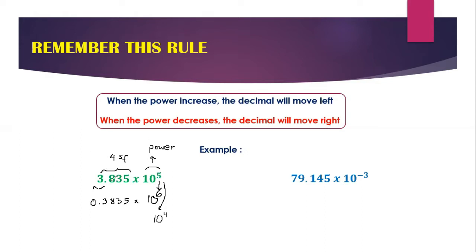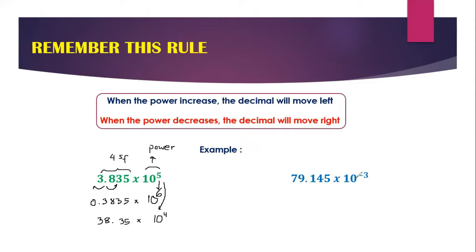So this decimal will move right one step, so it will be 38.35 times 10 to the power of 4. Clear, everyone?